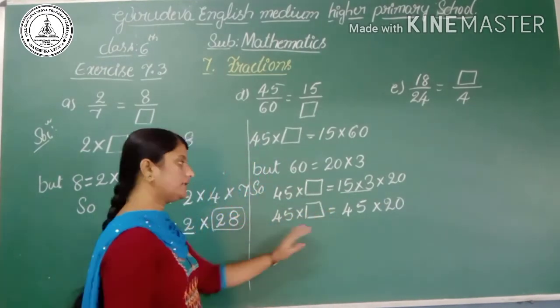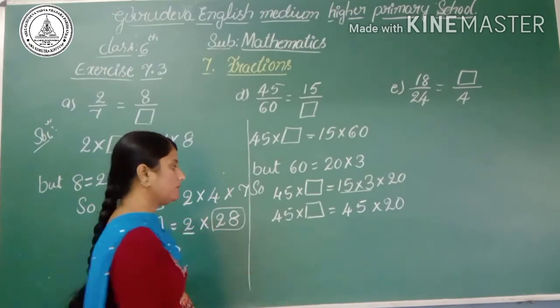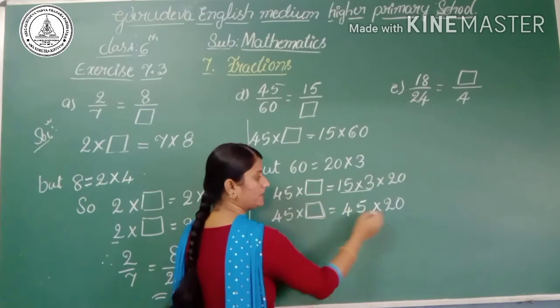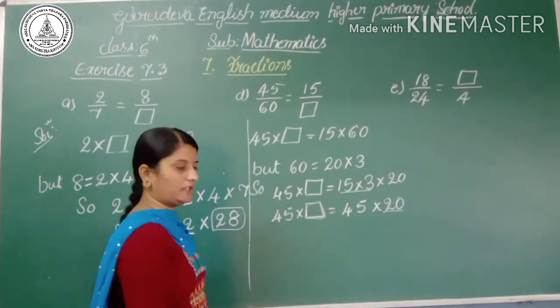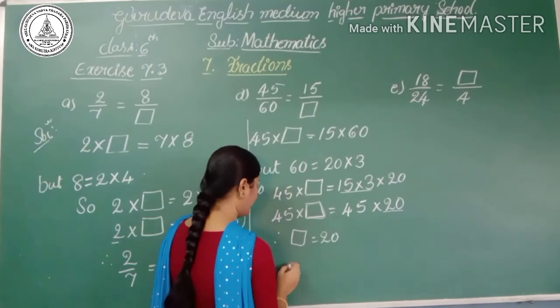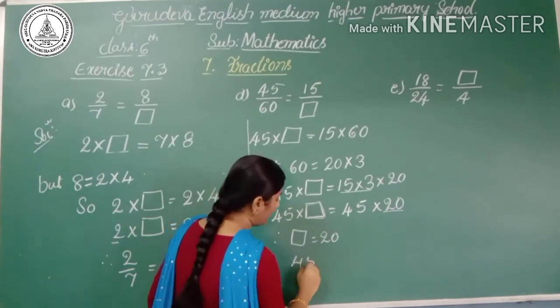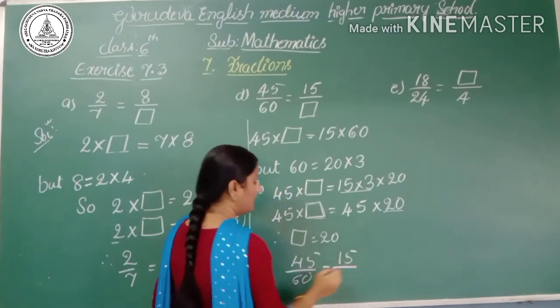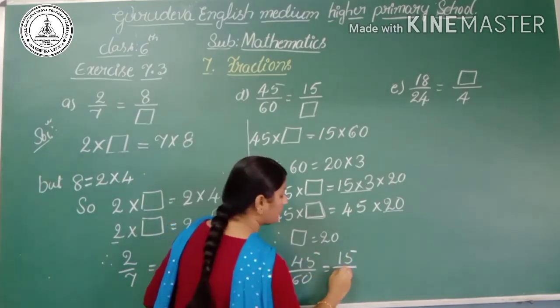Since these two fractions are equivalent, 45 equals 45, so the box is replaced by the number 20. Therefore, box is equal to 20. We can write it as 45 divided by 60 equals 15 divided by the box, which is replaced by the number 20.